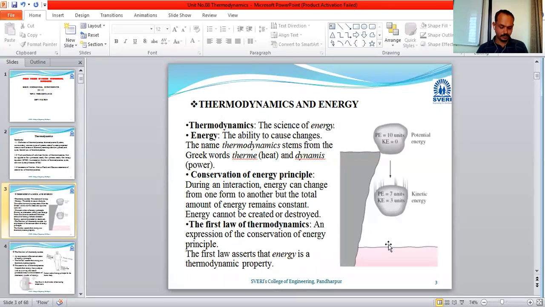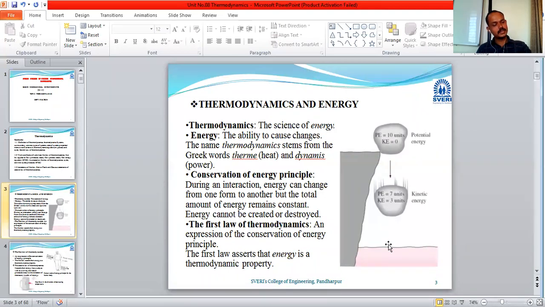Can you explain, do you have a definition for energy? Capacity to do work is called energy.